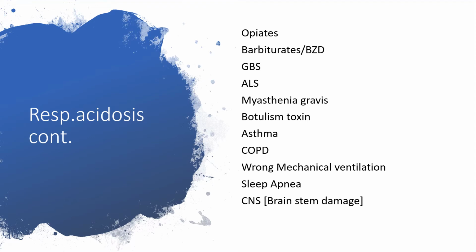The probable causes of respiratory failure leading to hypoventilation, retention of CO2 and now acidosis could be opiates, barbiturates or benzodiazepines, Guillain-Barré syndrome, amyotrophic lateral sclerosis, myasthenia gravis, botulinum toxin, asthma, COPD, wrong mechanical ventilation, sleep apnea, brainstem damage.